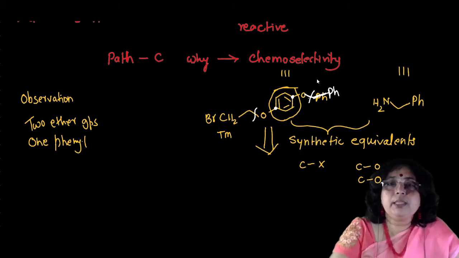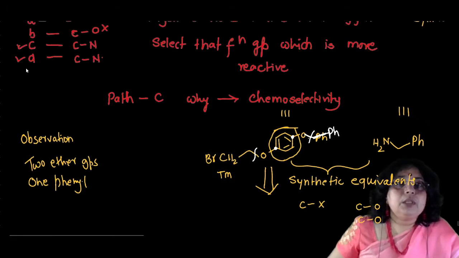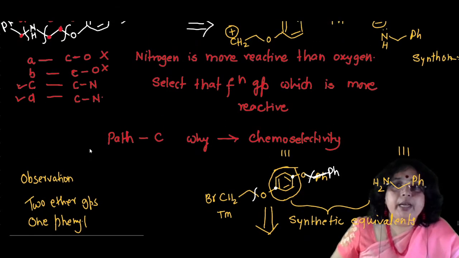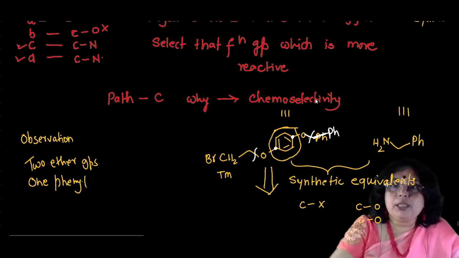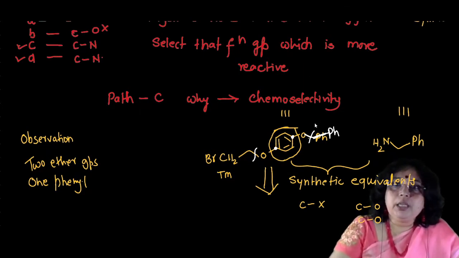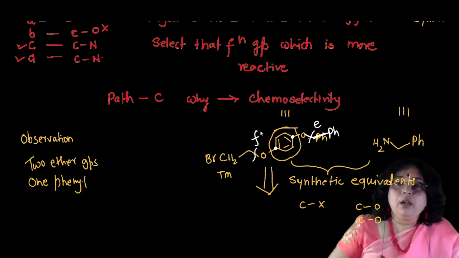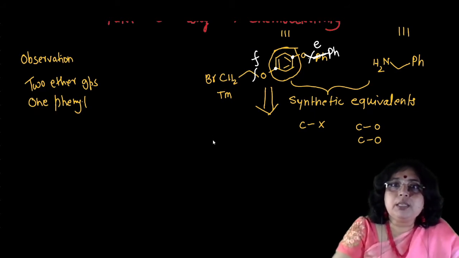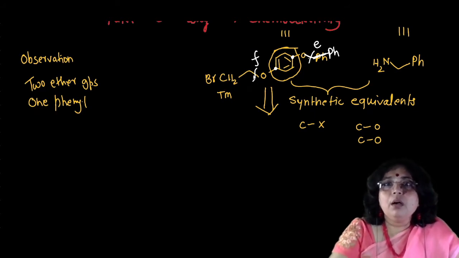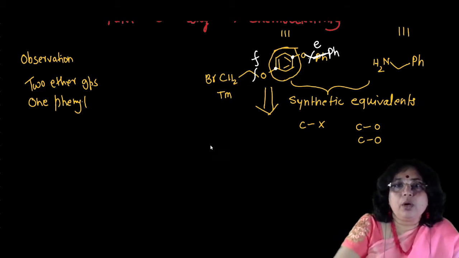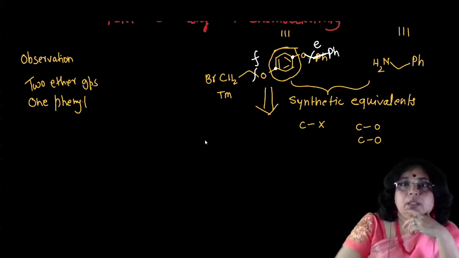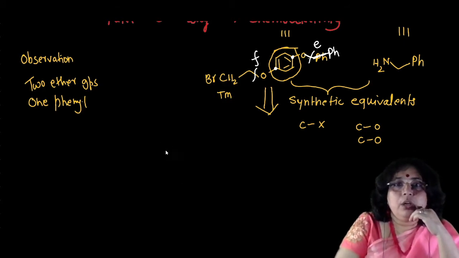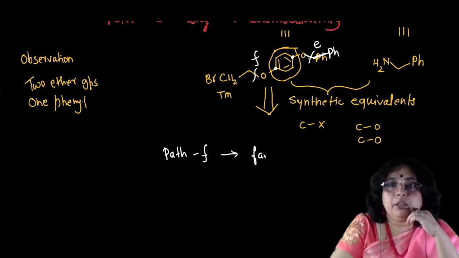I can see that up to this level we have A, B, C and D. Now let us consider these two paths, E and F. Now which path is a feasible path? The answer is I can cut the molecule over here. So I will opt for the F disconnection. So path F is the favorable path.